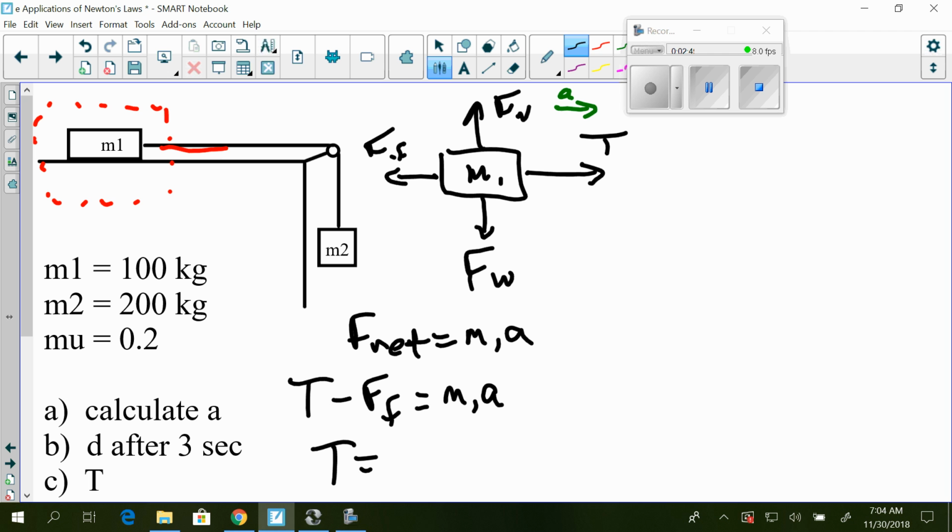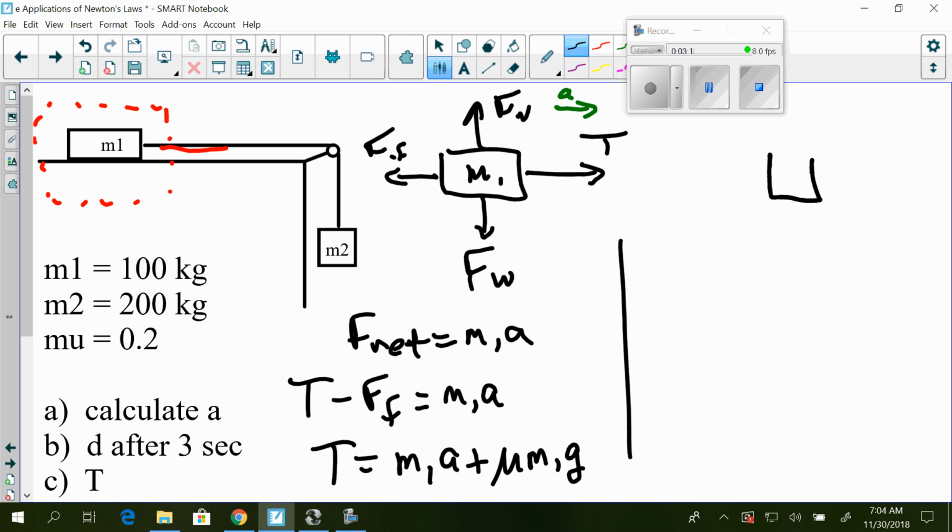We solve for T. In most of these problems, you're going to have two unknowns in each equation, tension and acceleration. That's usually how the problems are set up. Because we have two unknowns, we need two equations. So this is equation 1, T equals m1a plus friction, and friction will be mu m1g. You can derive that out, but by now this should be relatively obvious. If not, we'll review this next week, don't worry.